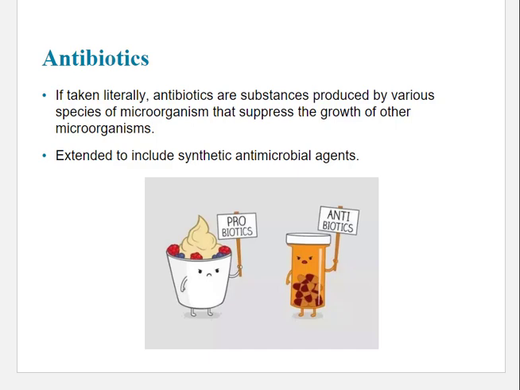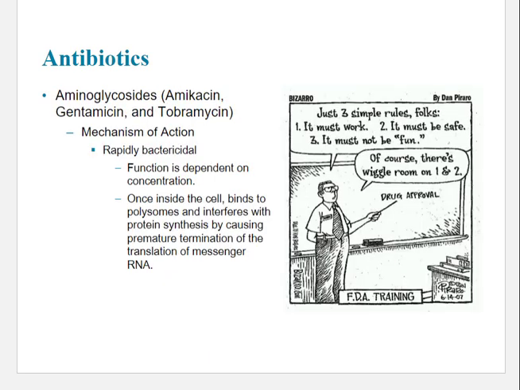So hopefully we all know, if you don't know, antibiotics are going to disrupt that bacteria. A lot of times it's the cell wall, but it also can affect the inside of that cell to break it apart. So that's what antibiotics are designed to do, to target those particular bacteria. All right, so there's going to be the aminoglycosides.